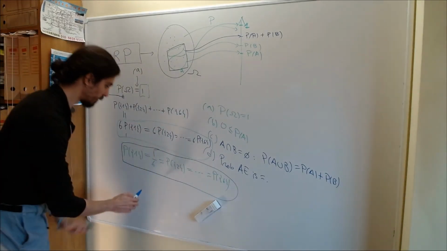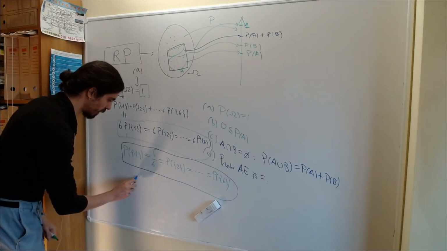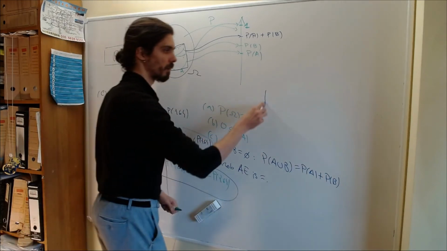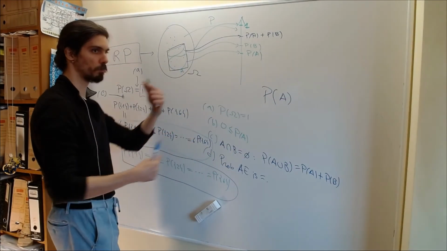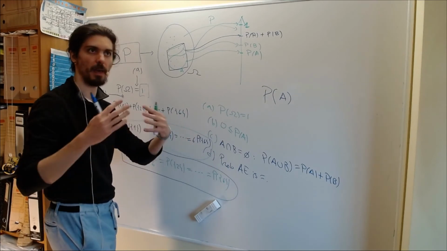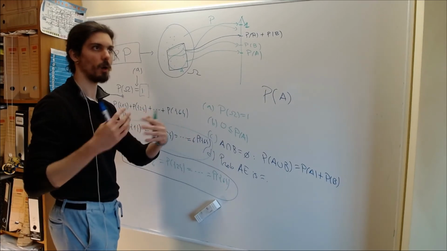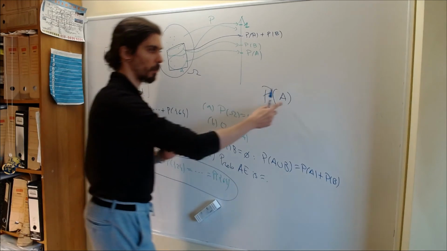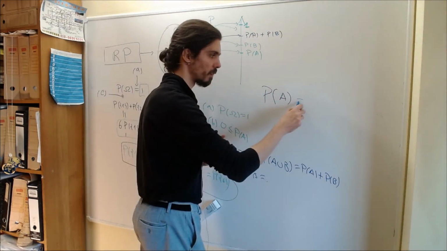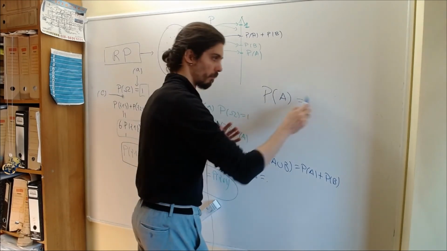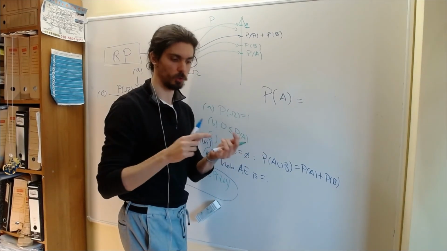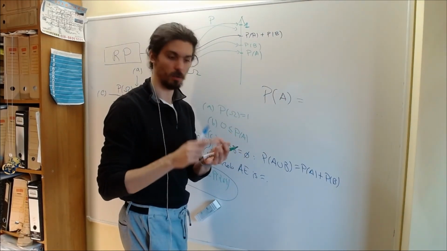Because ultimately, if you have, for example, the probability of a set A, and A is, for example, that the outcome is an even number. Well, this is how many even numbers there are. It's 2, it's 4, or it's 6.